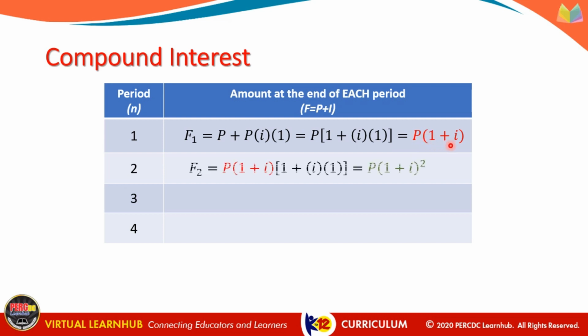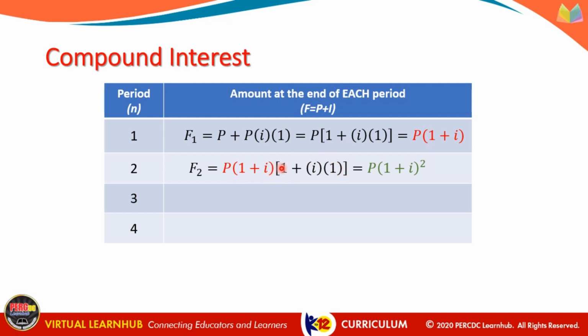The value of the investment for the second year, F sub 2, would be equal to P times quantity 1 plus I. Notice that this is the value of the investment from the previous year, the value of the investment at the end of the first year. That will be now our new principal times quantity 1 plus I times 1.